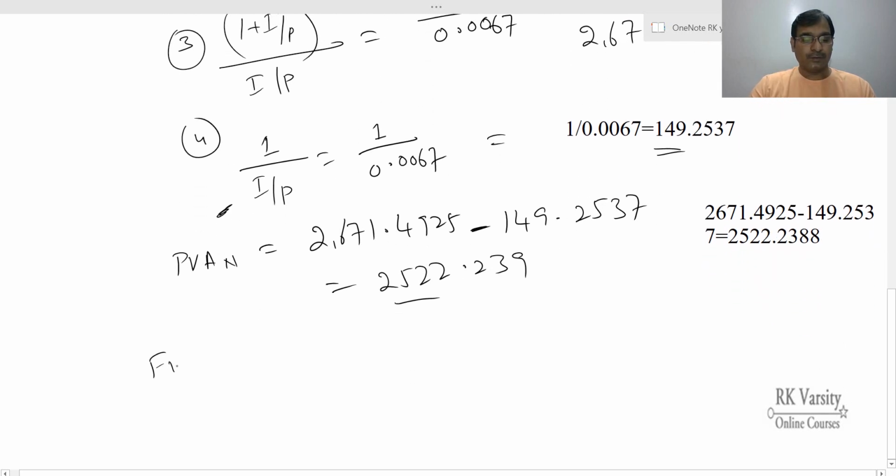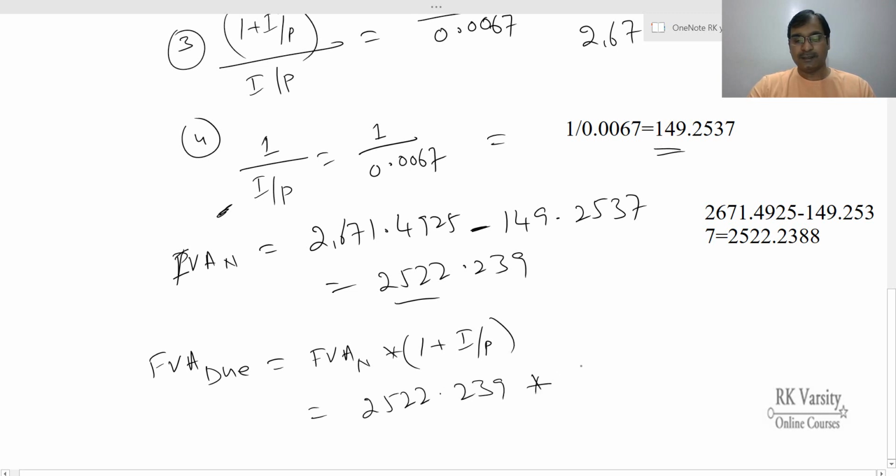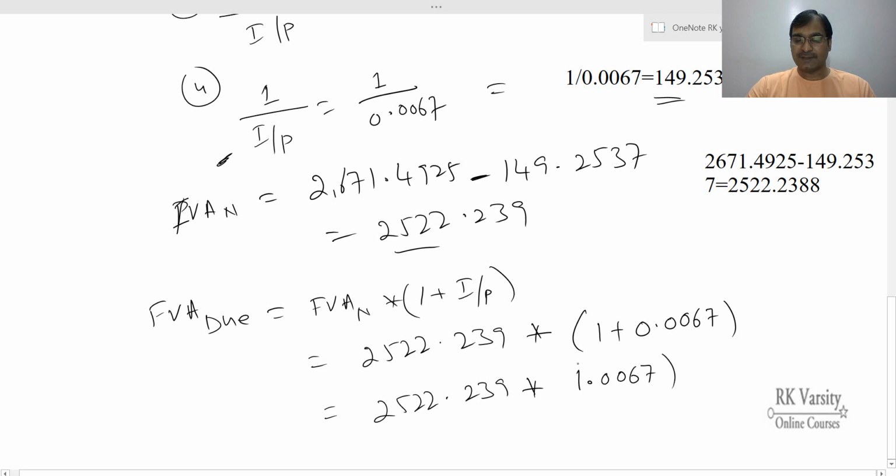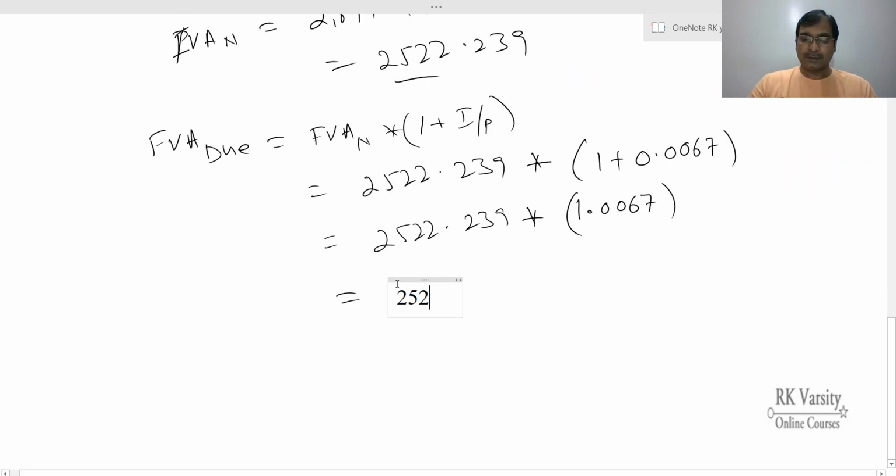And now future value annuity due equals future value annuity ordinary, so here this is F N into 1 plus I upon P. So this equals 2522.239 times 1 plus 0.0067, so this equals 2522.239 times 1.0067.